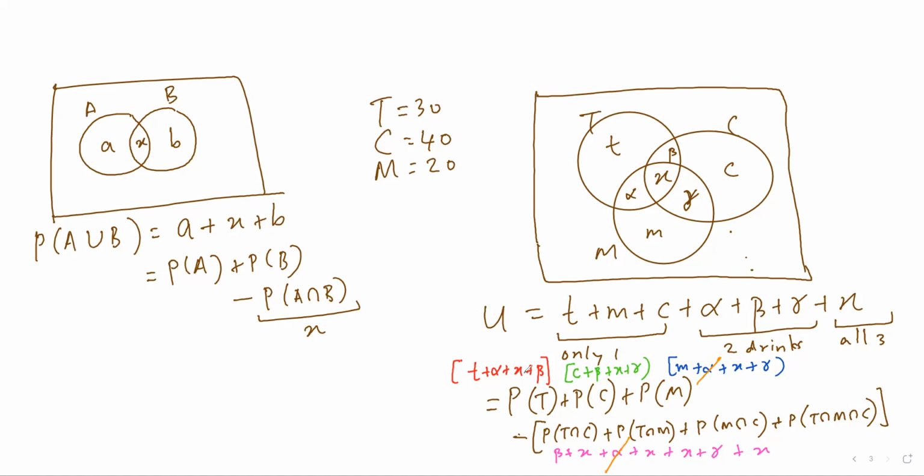And then you have two betas here, and one beta is canceled out. And the same goes with gamma. Two gammas here, we will cancel one gamma and one gamma here. Now you can see that there are three X's here.